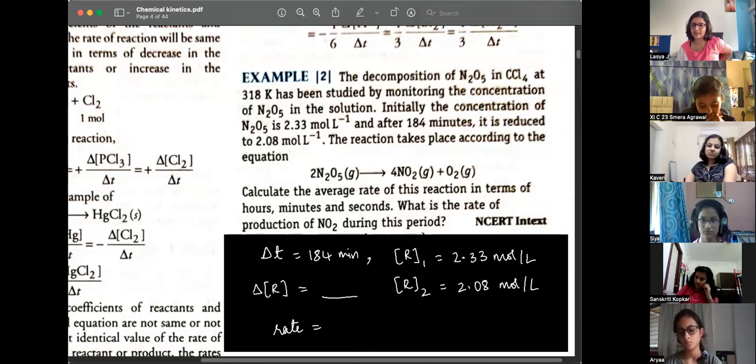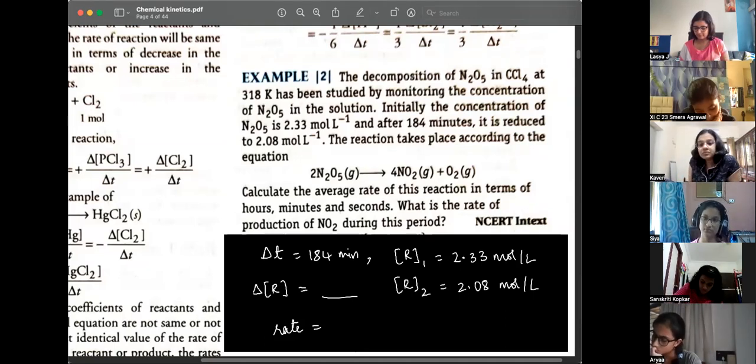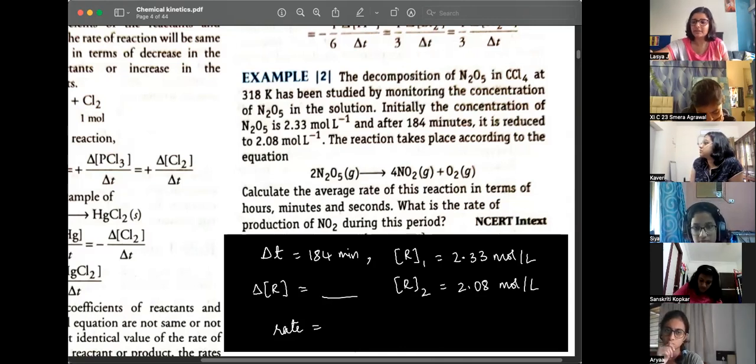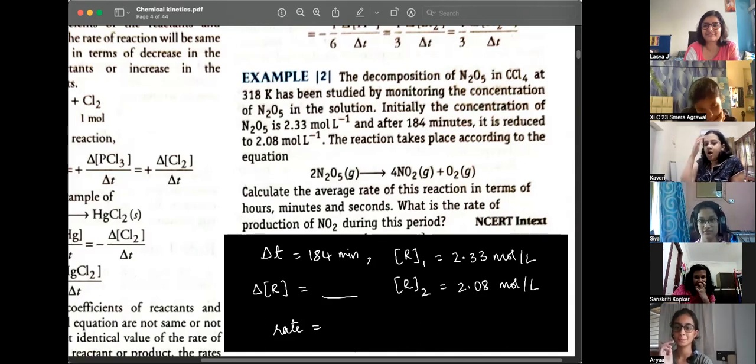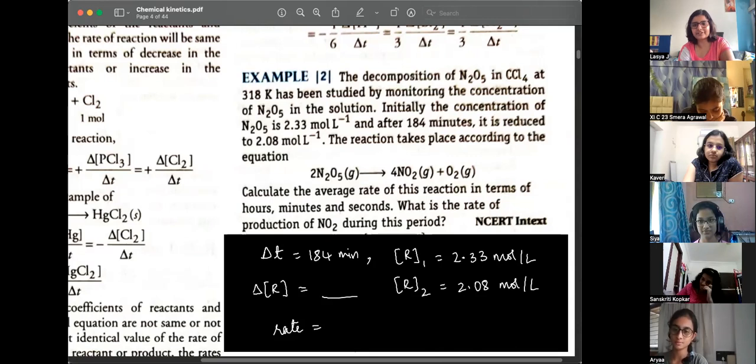Just the number of decimal values. You're off by a factor of 10. Sanskriti, how much did you get? Where are you at? Tell me what did you get? Oh, fraction. Okay, let's divide it and see. 1, 2, 3. Yes, you got it.